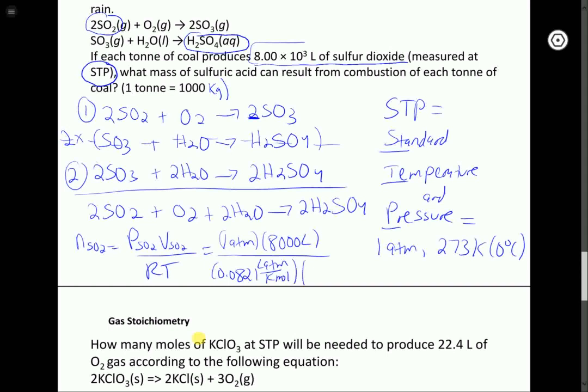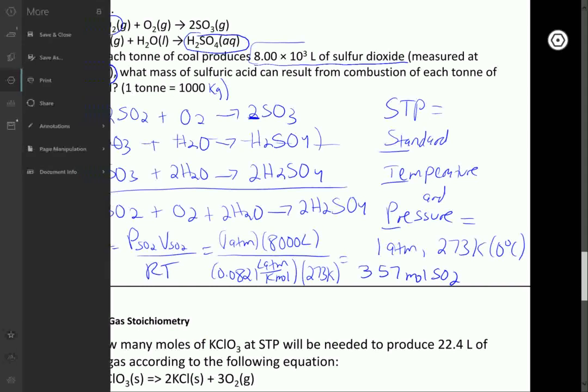And then the temperature is 273 Kelvin. So that means we have, in terms of moles, we have 357 moles of SO2. So that's the first part of the problem.